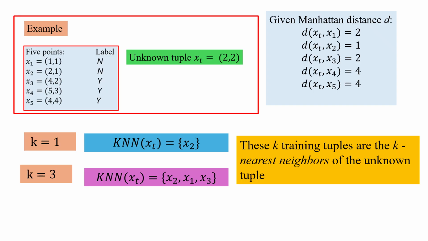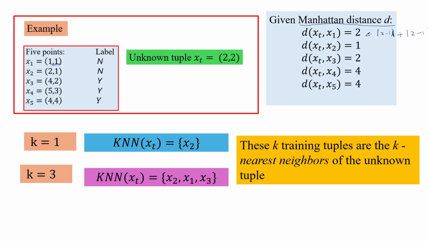We are taking the Manhattan distance or the city block distance. This tuple 2, 2, when we compute its distance from 1, 1, gives the value from the absolute value of 2 minus 1 plus the absolute value of 2 minus 1. So we get the value 2. This is the Manhattan distance computation.